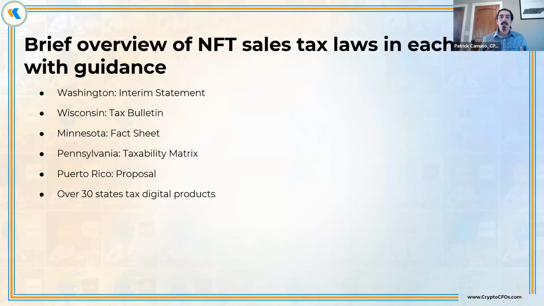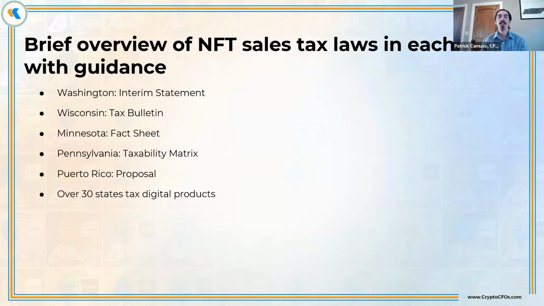But what I think is even more interesting is the fact that there's over 30 states that are applying sales taxes to digital products, not specifically to NFTs, but to other digital products.